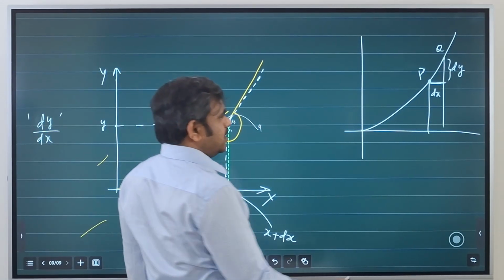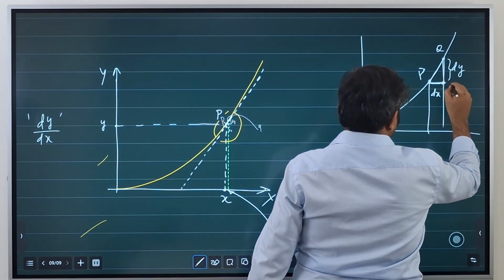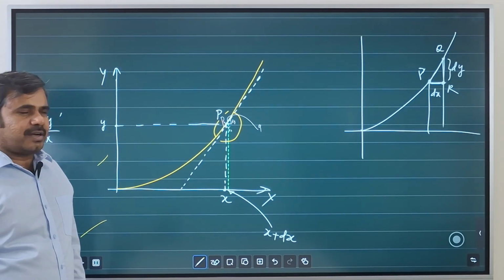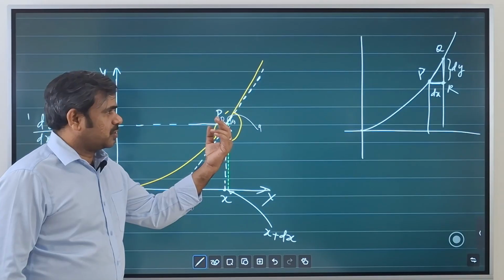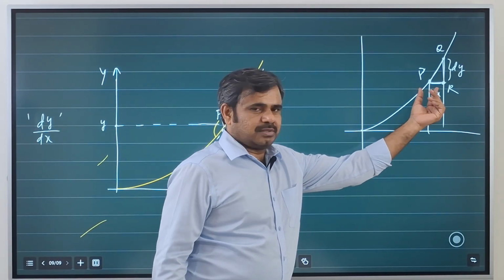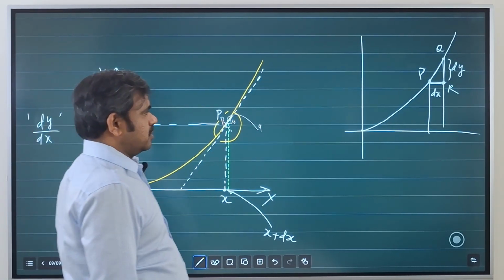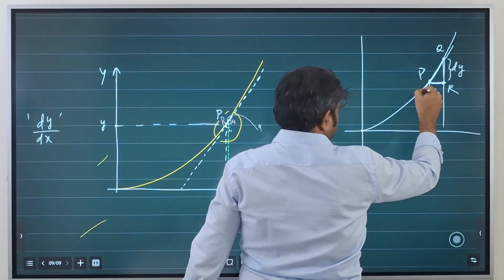So you can say that this is almost a right angled triangle, PQR, with the right angle at R. The points P and Q are very close to each other. The gap dx is very small, close to 0, but not equal to 0. And if you draw a tangent, this is almost a tangent.